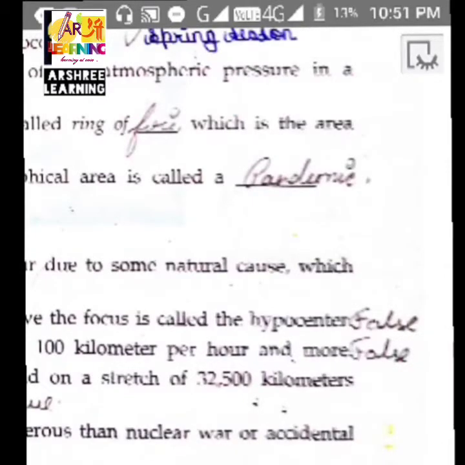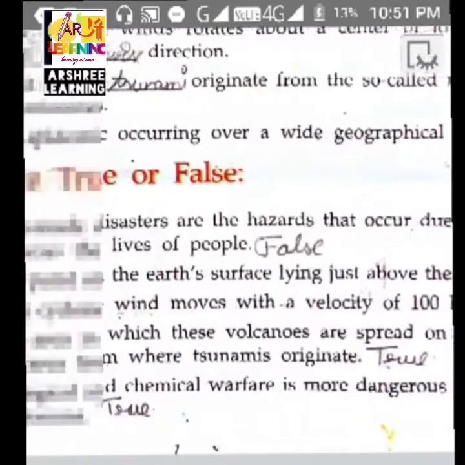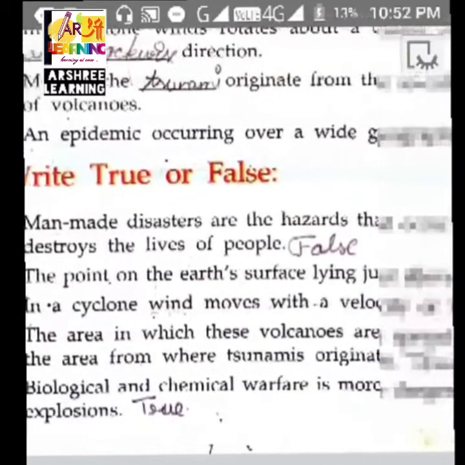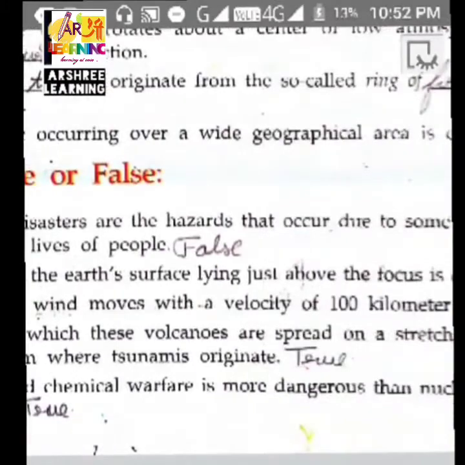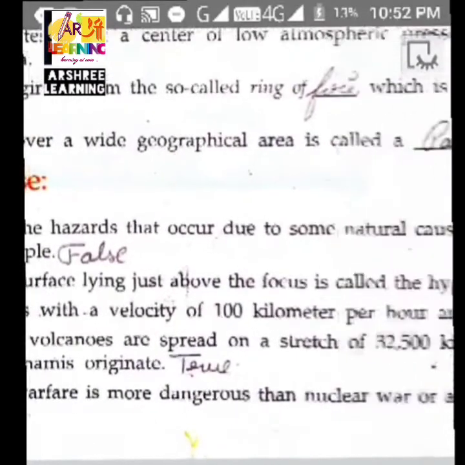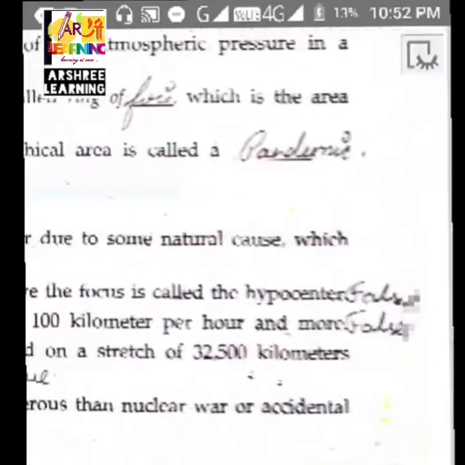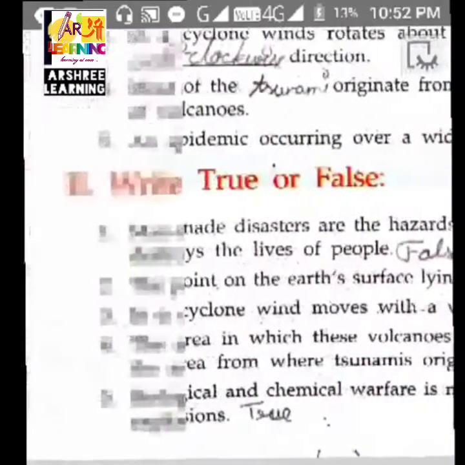It is epicenter, so this statement is false. In a cyclone, winds move with a velocity of 100 kilometers per hour and more than this. So this is not exactly 100, it is more, therefore this statement is also false.